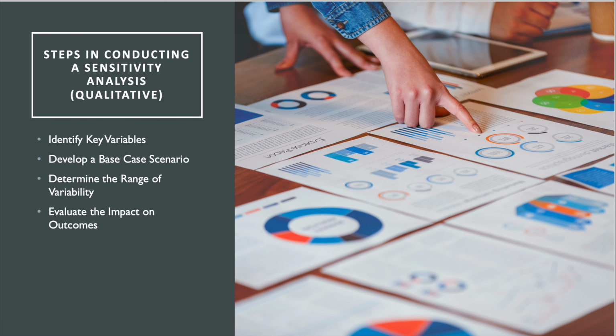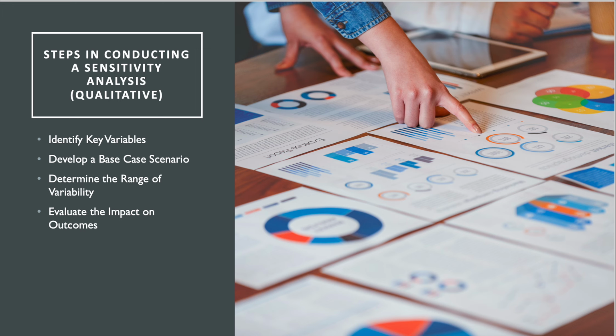Now let's talk about the qualitative steps involved in conducting a sensitivity analysis. The first step is to identify the key variables that could significantly impact the project's financial outcomes. These could be things like sales volume, the cost of goods sold, or even the discount rate we're using. Once we've identified these variables, we'll develop what's called a base case scenario.